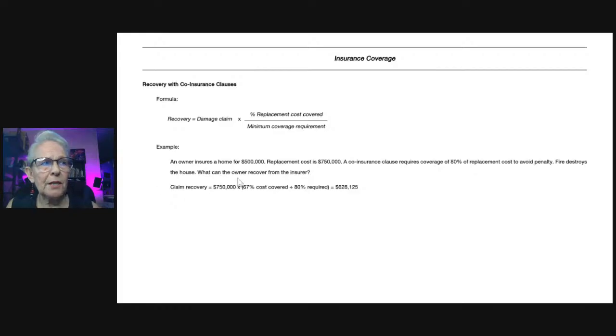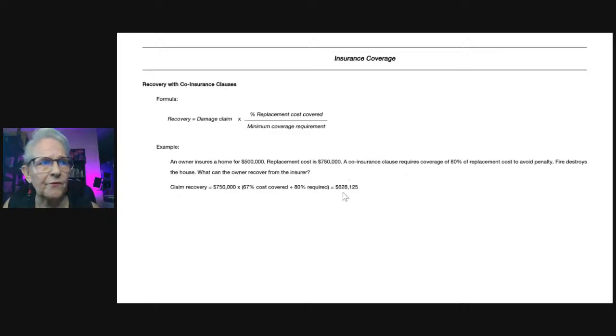Claim recovery: 750 times 67% cost covered divided by 80% required. The co-insurance clause requires coverage of 80%, so that's the 80% required here. The 67% is the replacement cost coverage of the insured home of 500,000.